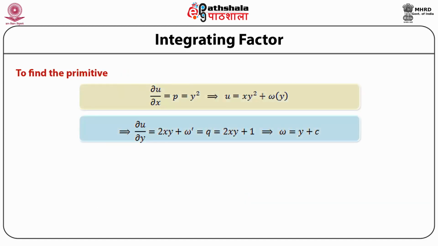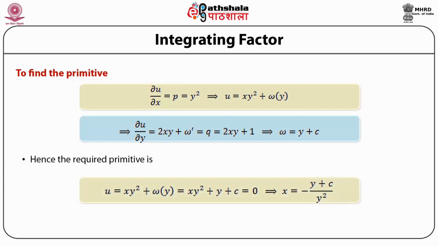To find the primitive now, we know del u by del x is equal to p, which is y square. This implies u is equal to xy square plus w of y. Similarly, del u by del y is equal to 2xy plus w prime, which is equal to q and is given by 2xy plus 1. This gives w is equal to y plus c.